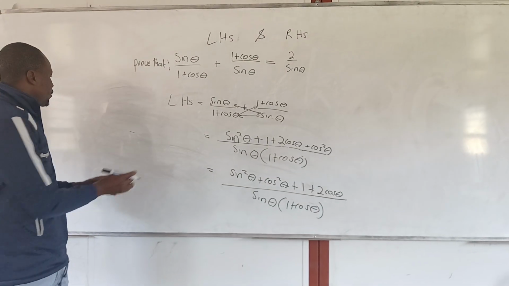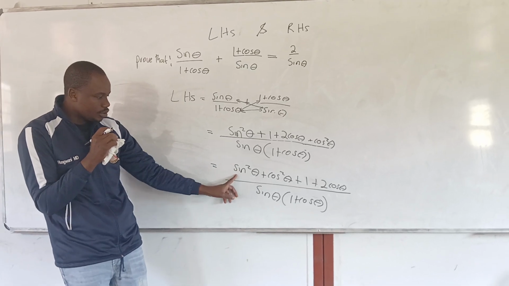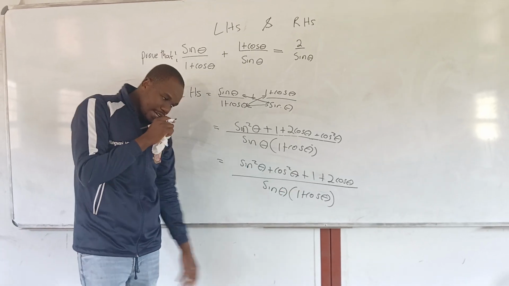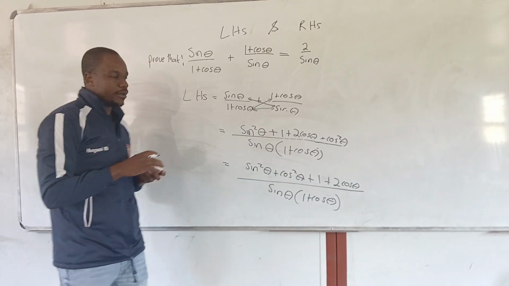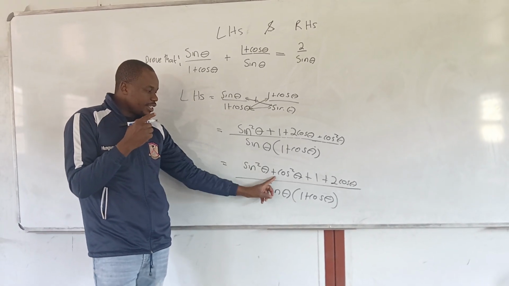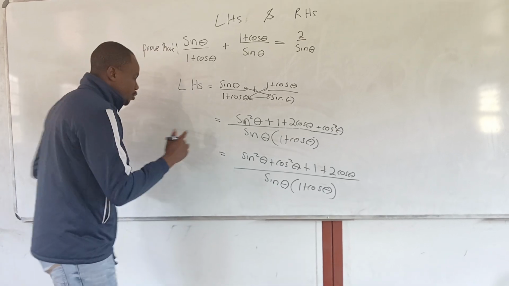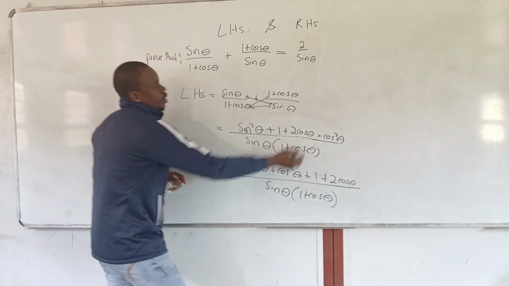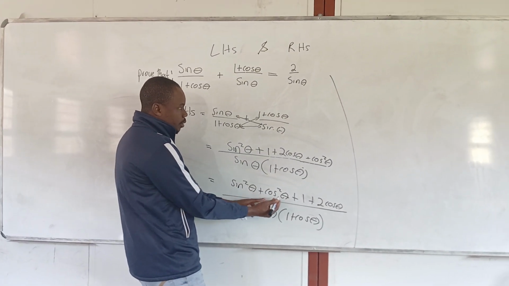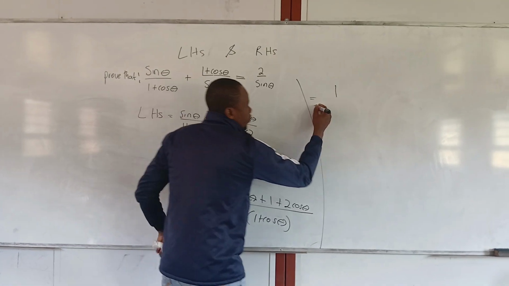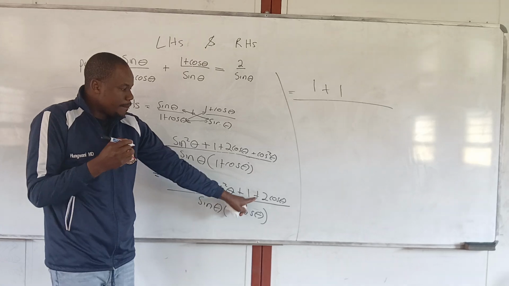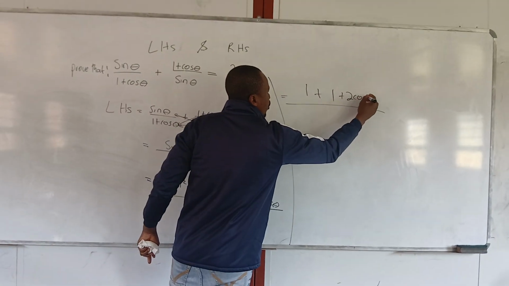Right. So now from this part, we do have the identity of sine squared theta plus the cos squared theta, which will give us 1, because you know from the three identities that sine squared theta plus cos squared theta is equal to 1. So it's basically 1 plus this one plus 2 cos theta.